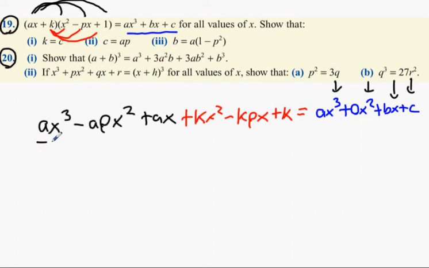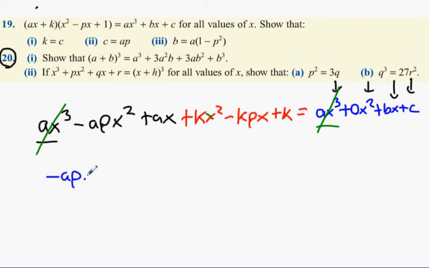Okay. Now, ax cubed is the same thing as ax cubed. Nothing to be learnt there. And then what happens after that then? Do we have any x squared? You see anything that has an x squared in it? Minus apx squared and kx squared, yeah. And what are they equal to?